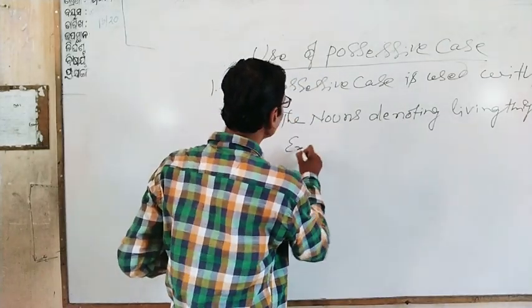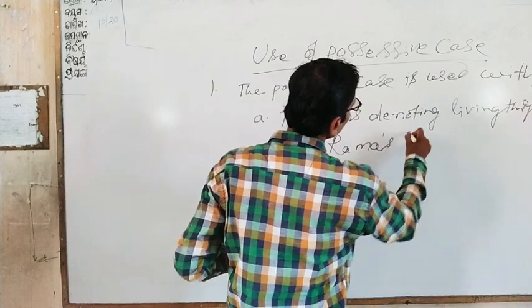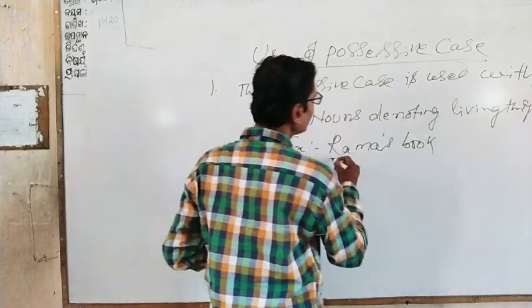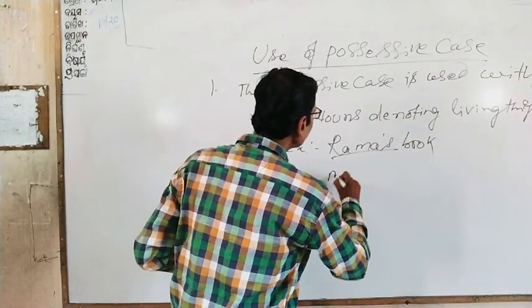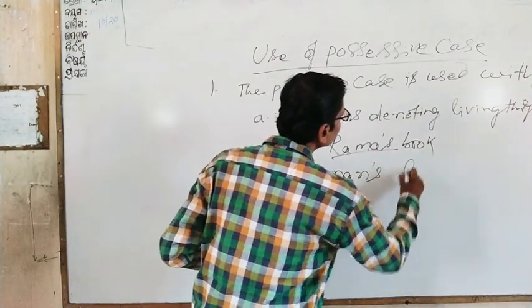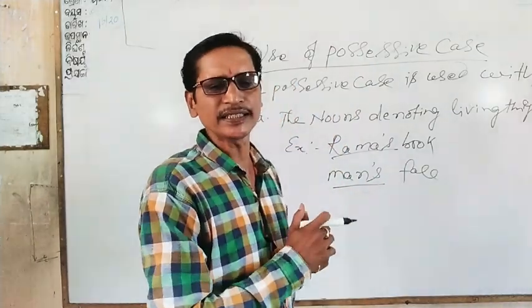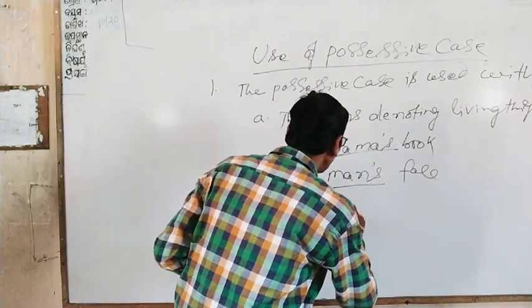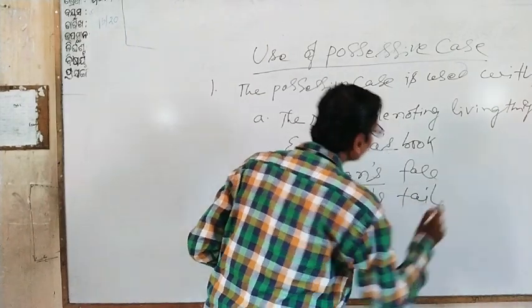Example, here we have given Ram's book. Here Ram is a living thing. Similarly, man's face. Here man is a living thing. Similarly, dog's tail.